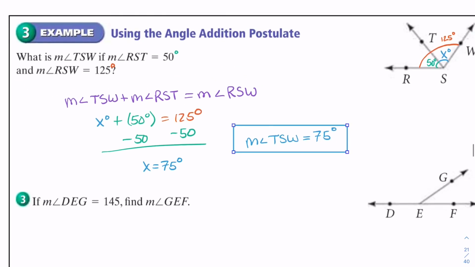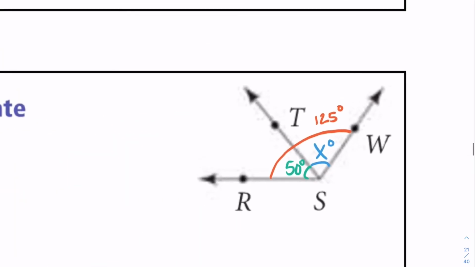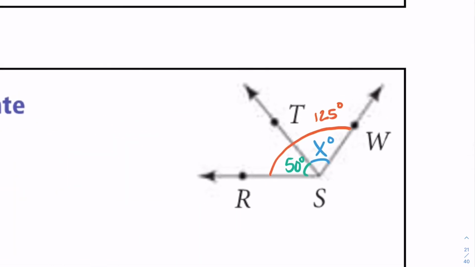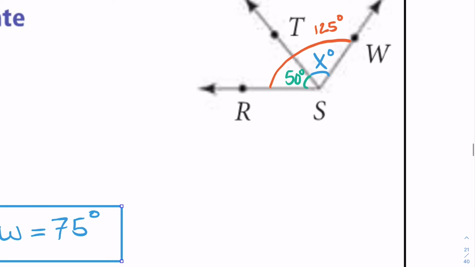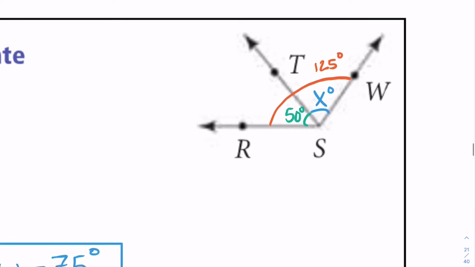Now, some of you are watching this video and going, Mr. A, come on, that one's 50. The other one has to be 75 for it to be 125. That's fine. You didn't have to set up an equation. What I'm trying to show you is that this could get very complicated. We might have variables in here and variables in here and variables here, and it's going to be so complicated we are going to have to set up an equation using the angle addition postulate.